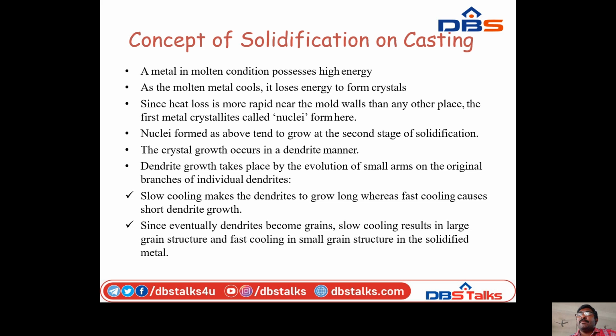Dendrite growth takes place by the evolution of small arms on the original branches of individual dendrites. Slow cooling makes the dendrites grow a long way. Fast cooling causes short dendrite growth. Since eventually dendrites become grains, slow cooling results in a large grain structure and fast cooling in a small grain structure in the solidified metal.